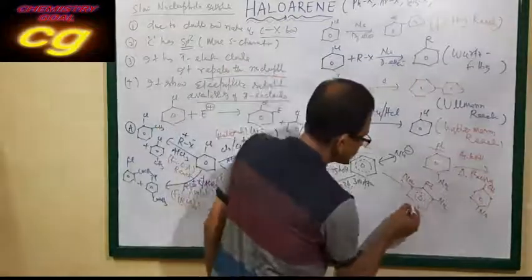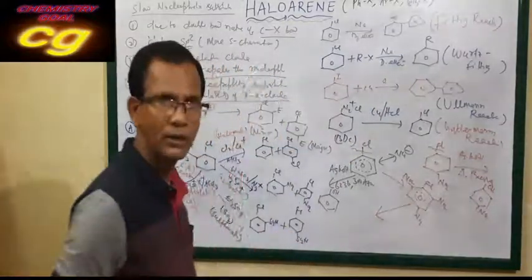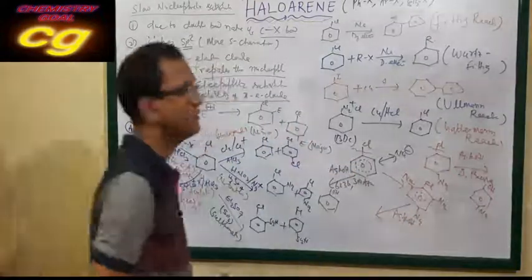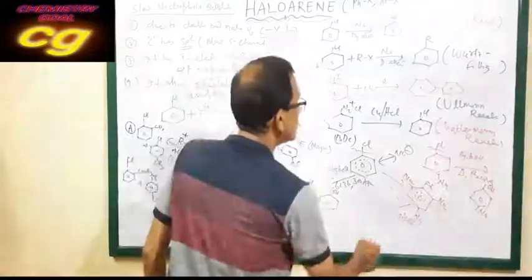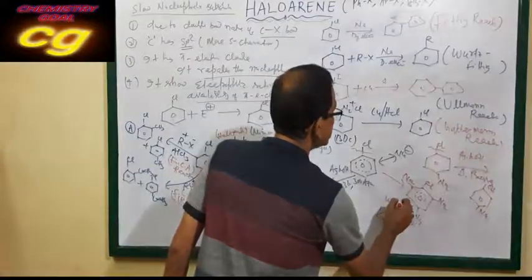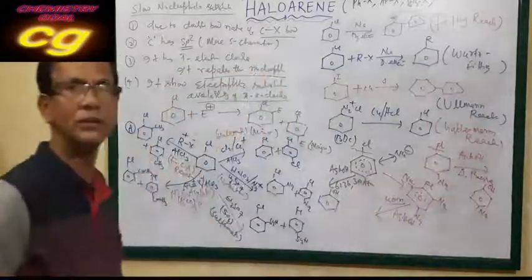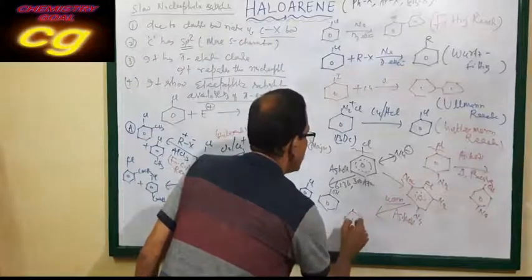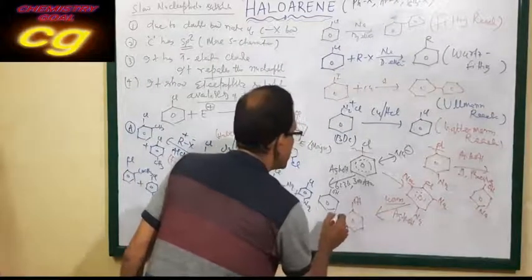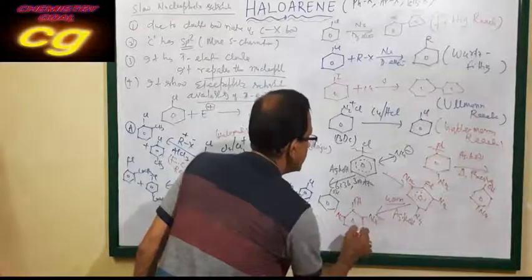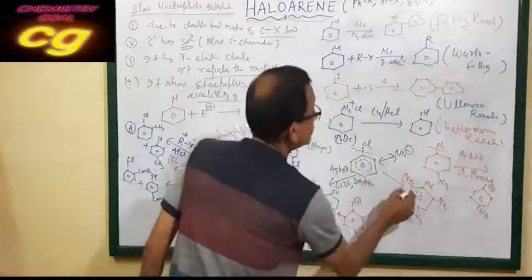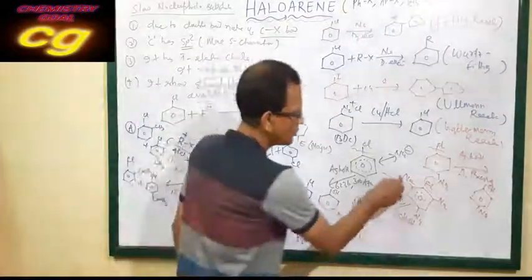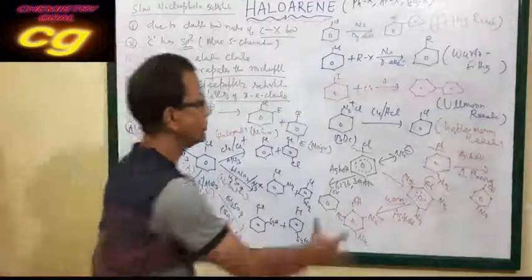That's why with a nucleophile, suppose aqueous KOH, under just warm water, the result will be a phenolic derivative. So the Cl can be substituted by OH, but the condition is you have to use nitro group, an electron withdrawing group.